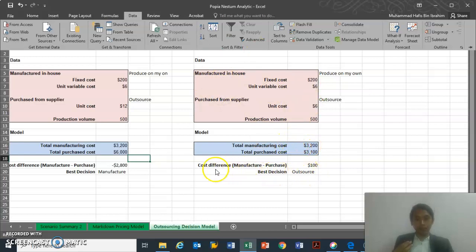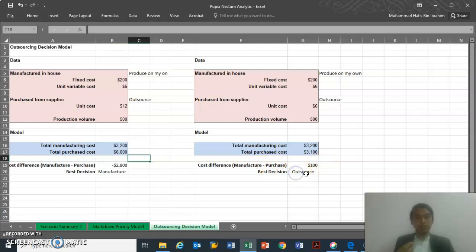In order for the difference between manufacturing cost and purchase cost to be positive, I need to buy the product from the supplier at a cost of 6 ringgit per unit. So the decision will be to outsource.